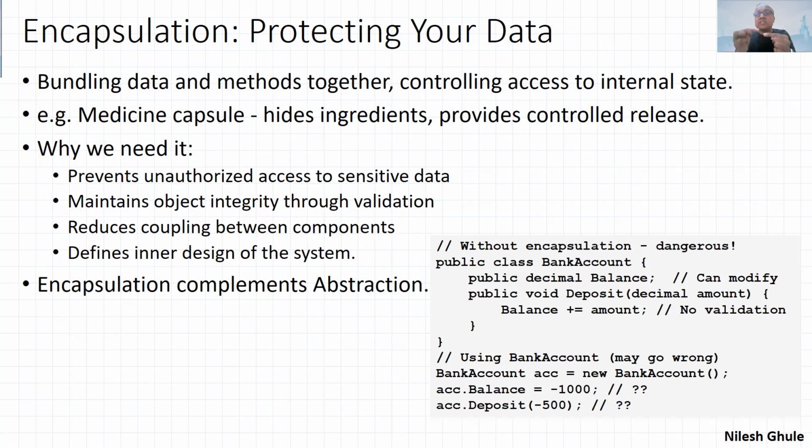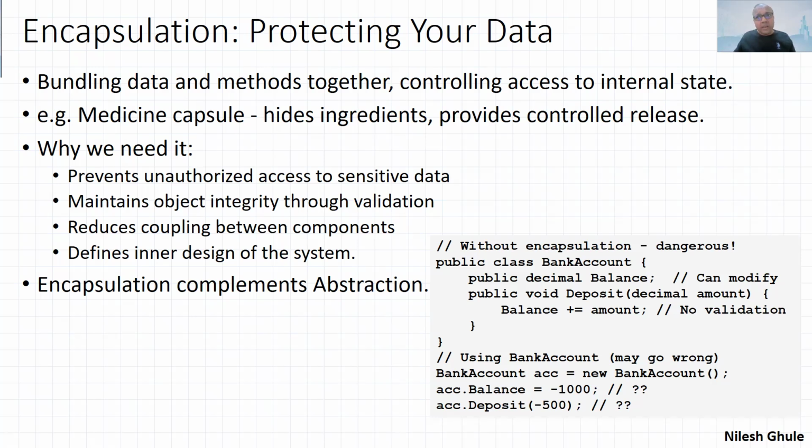Just putting these medicines into a wrapper makes it very easy to swallow. So encapsulation talks about the internal mechanism, while abstraction was only giving you the outer view. You can say that encapsulation and abstraction are complementary to each other.